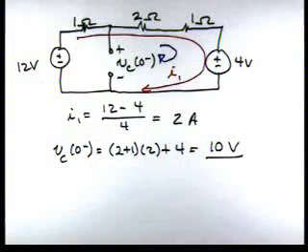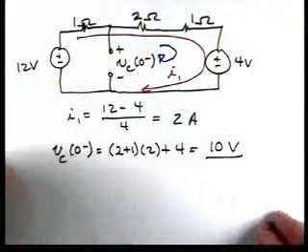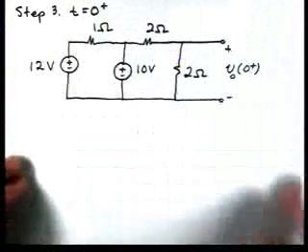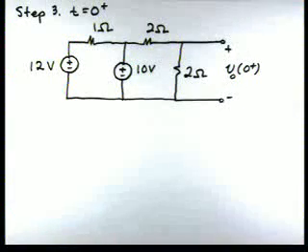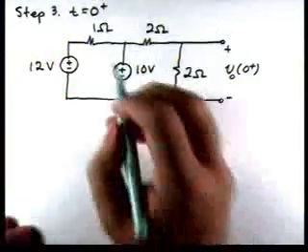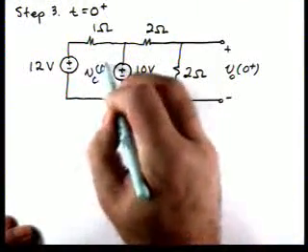Now our next step in the problem solving strategy says, let's draw the circuit at t equals 0 plus. We're going to replace the capacitor with a voltage source equal to the value at 0 minus. Again, remember continuity of voltage for the capacitor. So here is our capacitor.